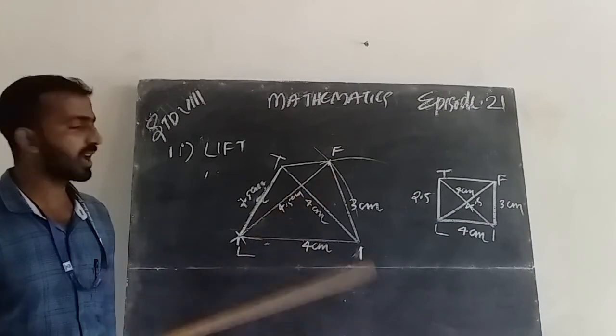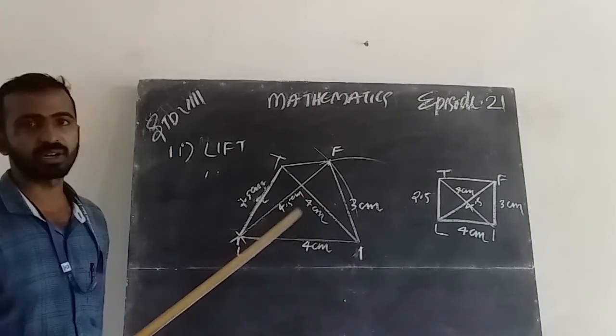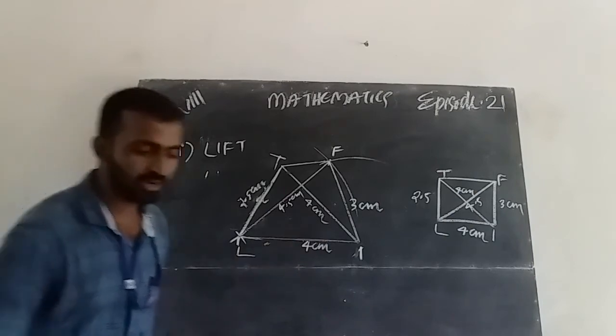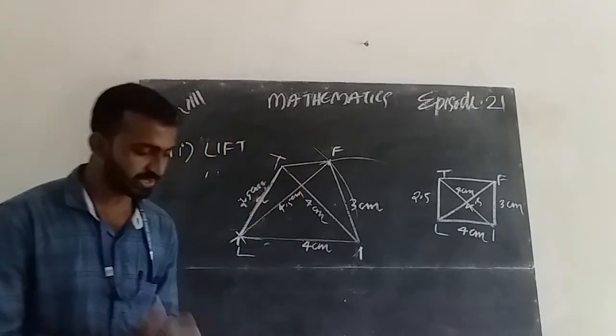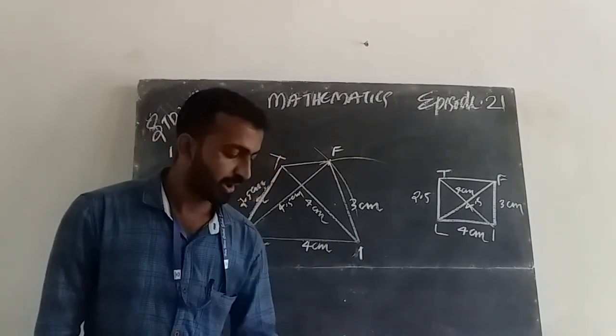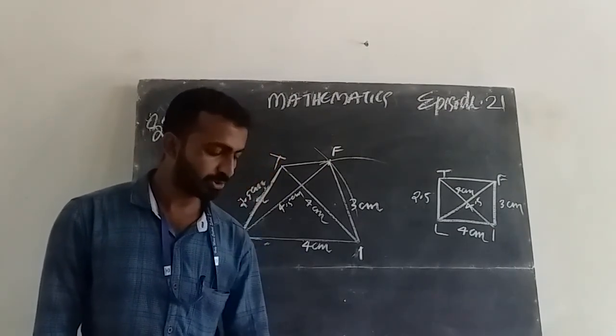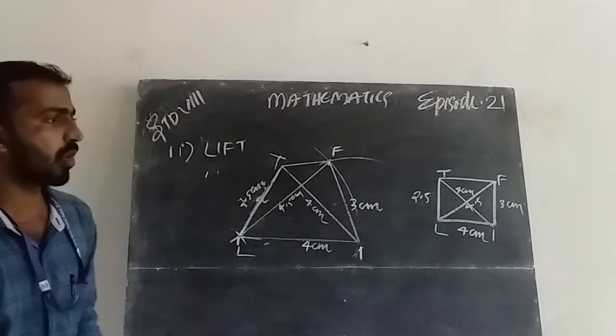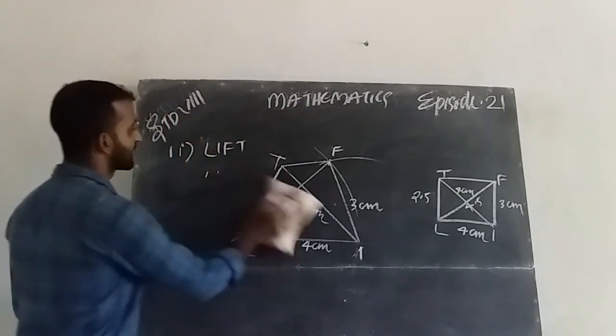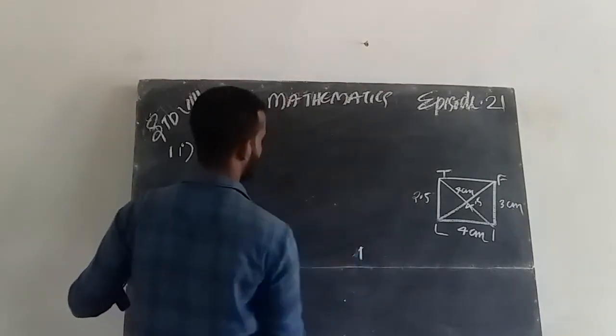LF and TI are diagonals of this quadrilateral. This is our first question of 4.2. And the second question is we want to also construct a quadrilateral. That is, there are some measurements.